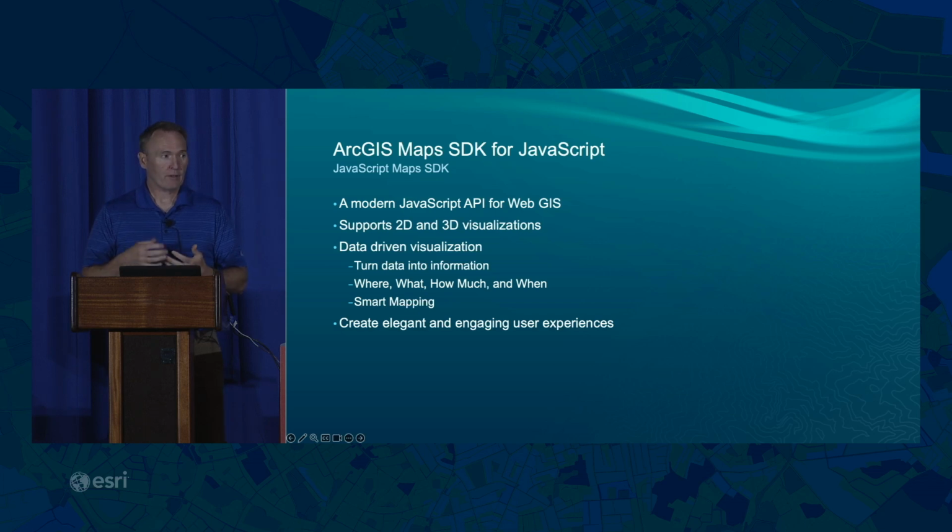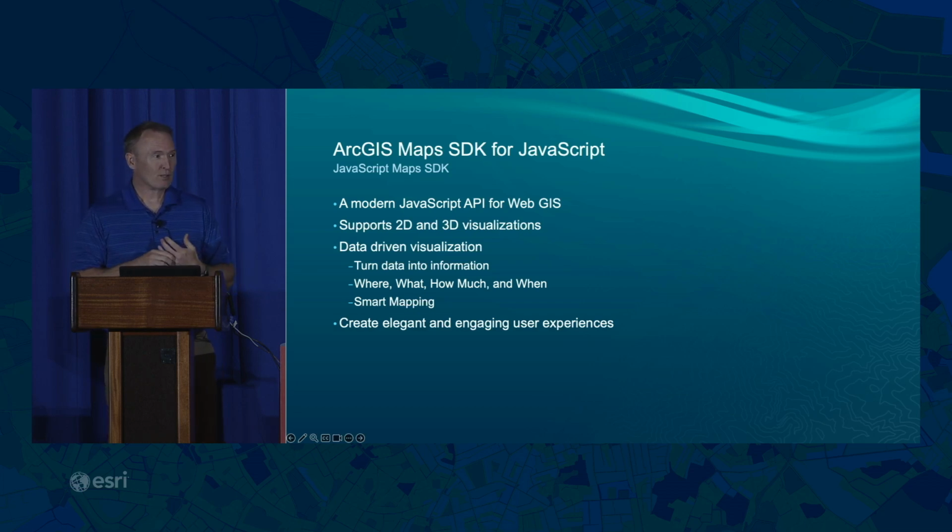And these are data-driven, meaning that the pattern is create that web map, put all that beautiful symbology and intelligence into the web map, and now you can create applications and ask questions like where, what, how much, and when. Really create great applications from that mapping GIS data.